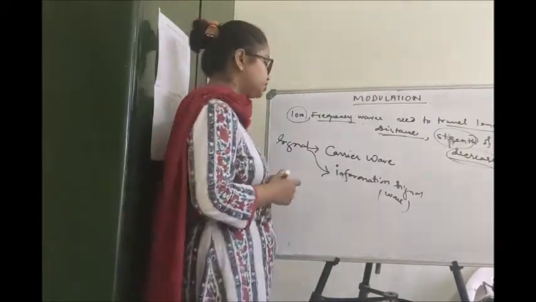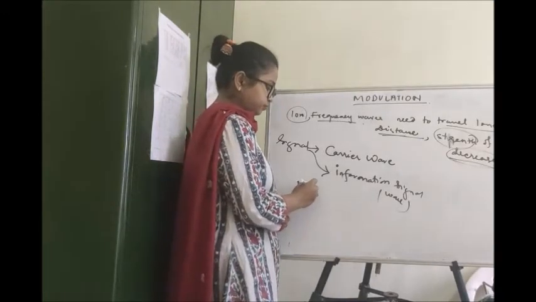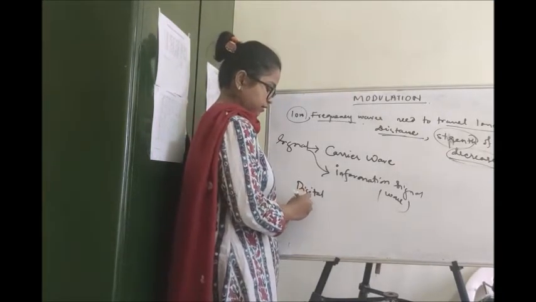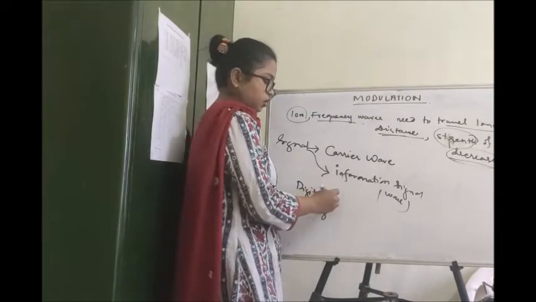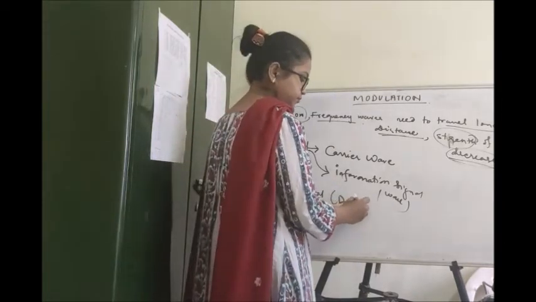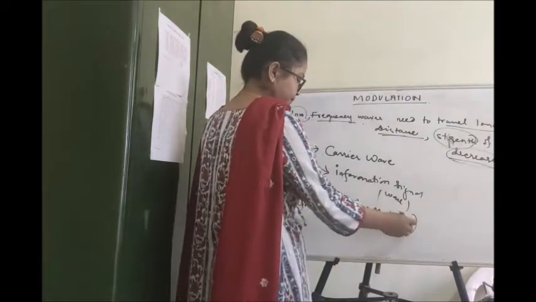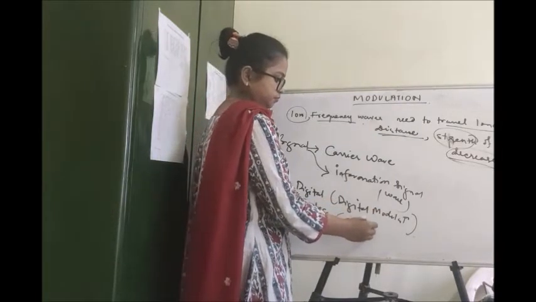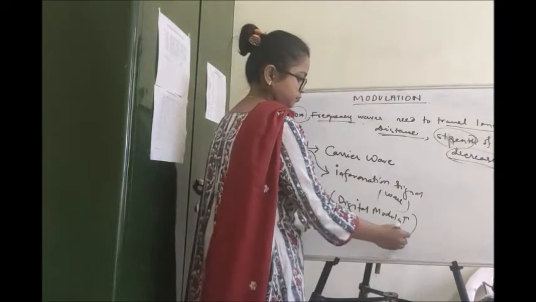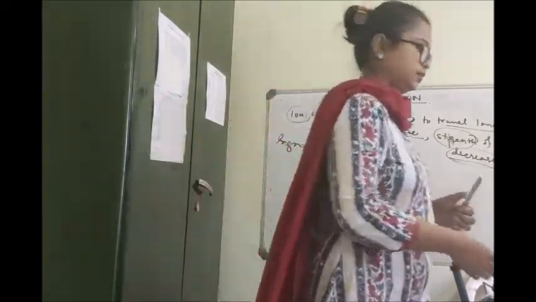Now, modulation can be applied on digital signals and analog signals. Such modulation is called digital modulation, and modulation applied on analog signals is called analog modulation. Okay, we will look into each of these in detail now.